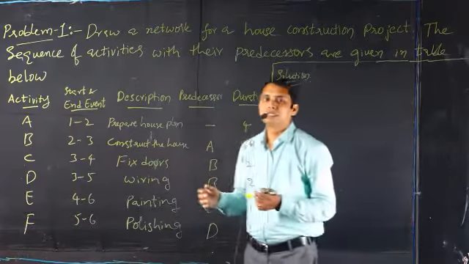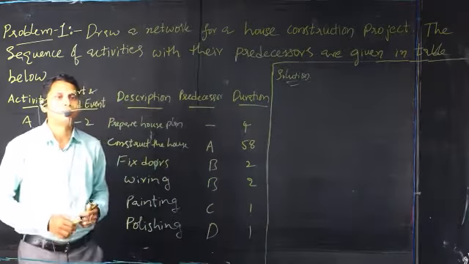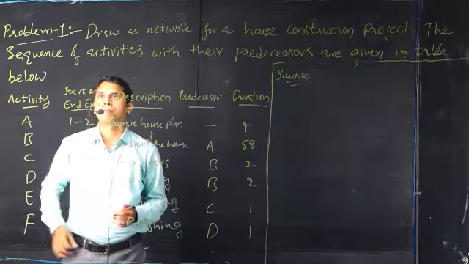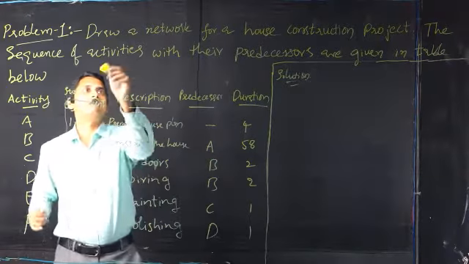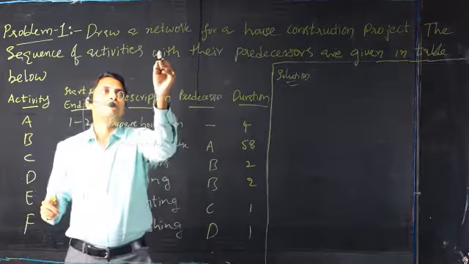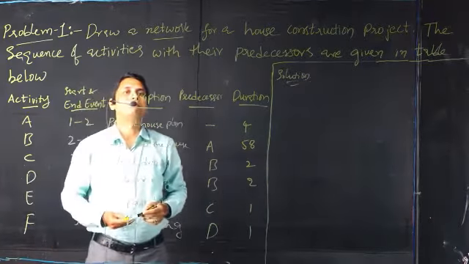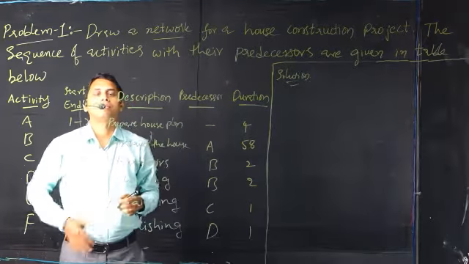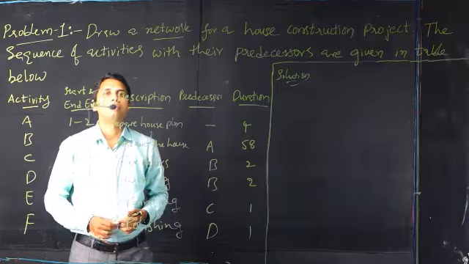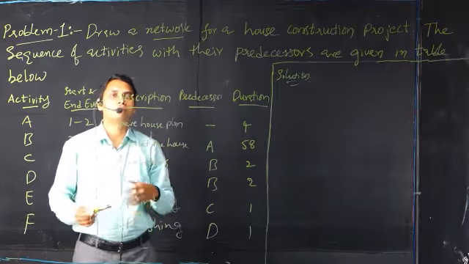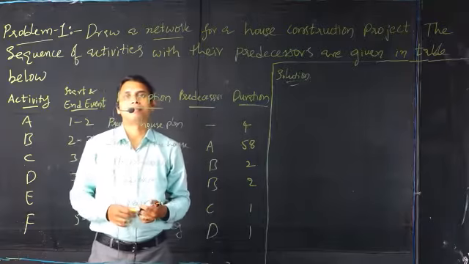Before going to discuss the problem, let's try to understand the components involved. What we are supposed to do is draw the network. We have discussed that in project management, every project is dealt with by developing a network diagram, and by solving the network diagram, we will be able to manage different projects.